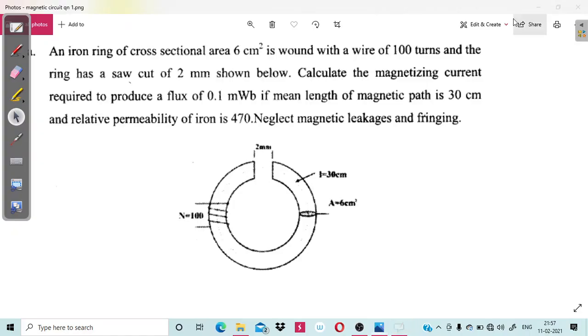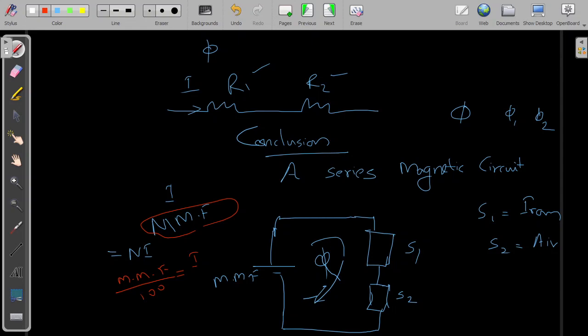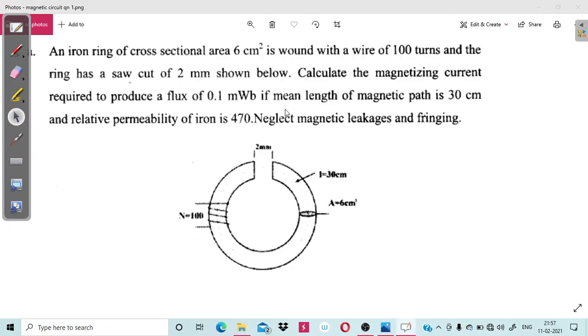For that, the examiner has given phi as 0.1 milliweber, and also some dimensions of the iron core as well as the air core.